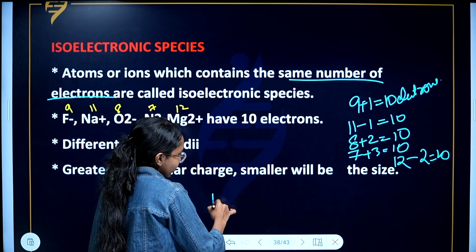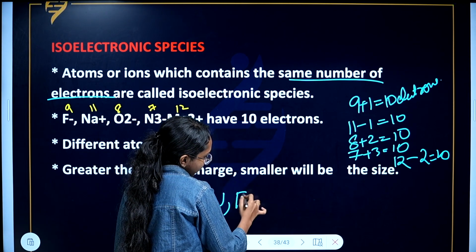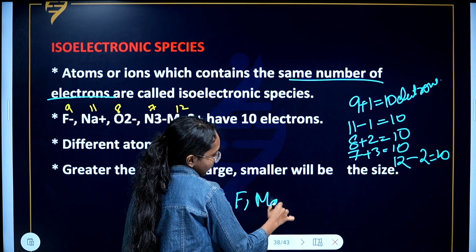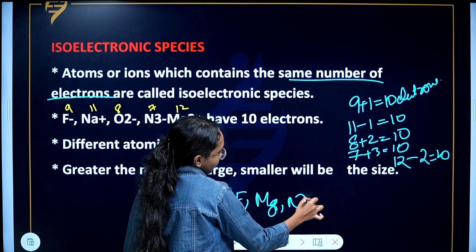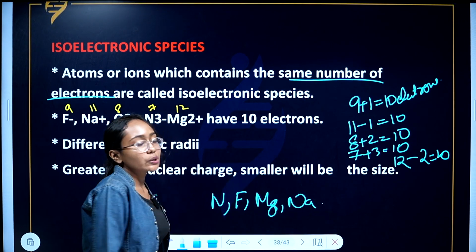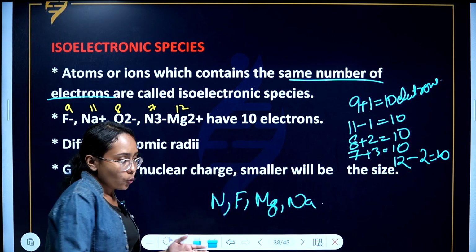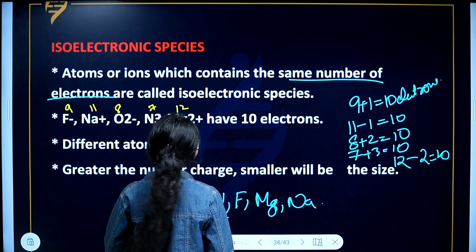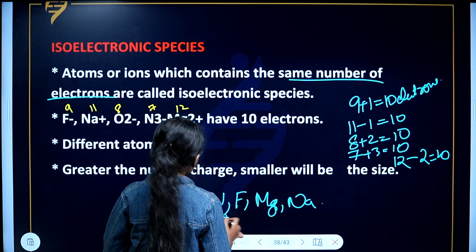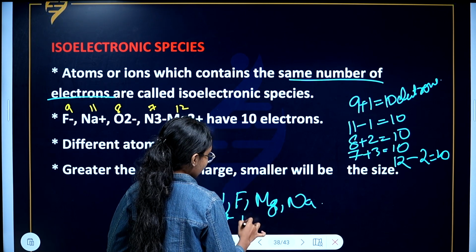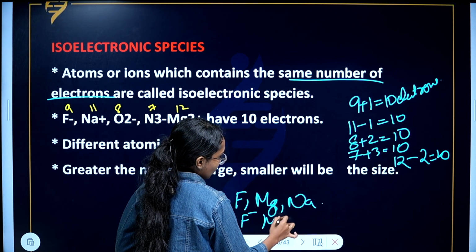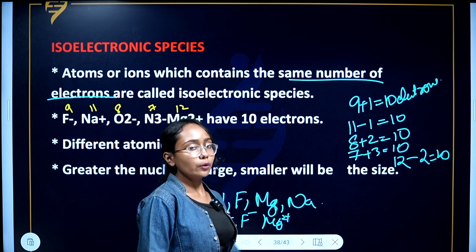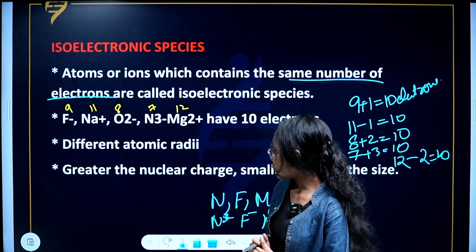In the case of nitrogen alone, fluorine alone, magnesium alone, or sodium alone, they are not isoelectronic. But when they accept or donate electrons, they become N3 minus, F minus, Mg2 plus, similarly. So they have same number of electrons.